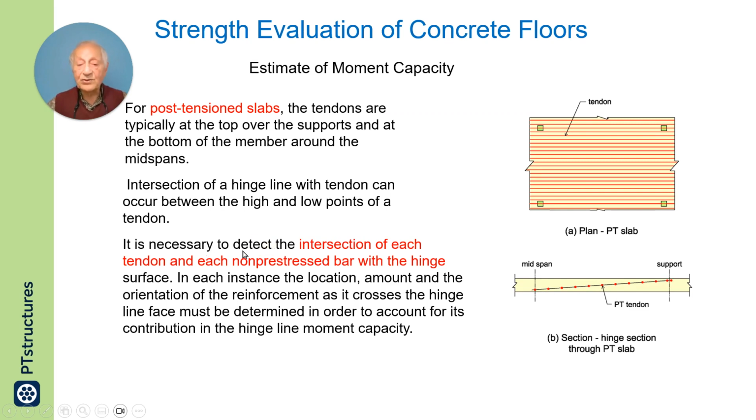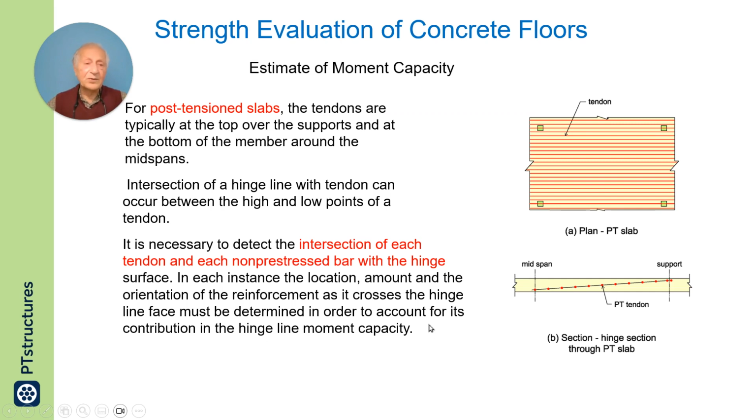It is necessary to detect the intersection of each tendon and each non-prestressed bar with the hinge surface. In each instance, the location of the tendon, amount, and the orientation of the reinforcement as it crosses the hinge line must be determined in order to account for its contribution in the hinge line moment capacity.